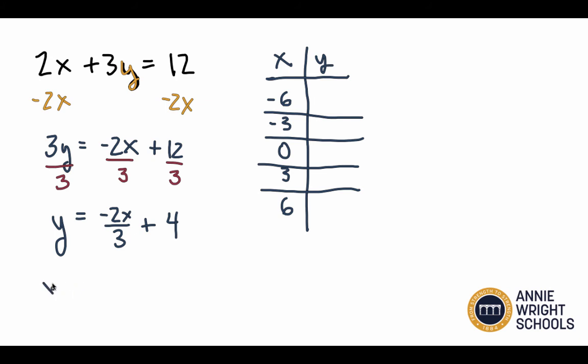I plug in x equals negative 6 into this equation, and I get y equals negative 2 times negative 6 divided by 3 plus 4. A negative times a negative is a positive, so I get positive 12 divided by 3, that's 4. I get 4 plus 4, which is 8.